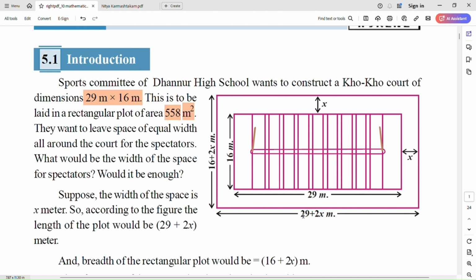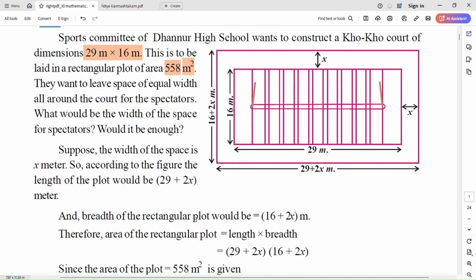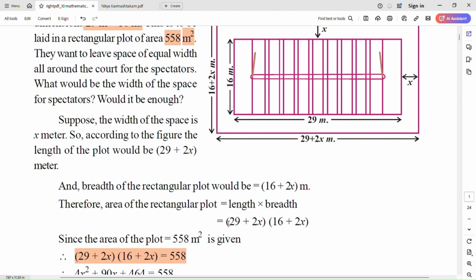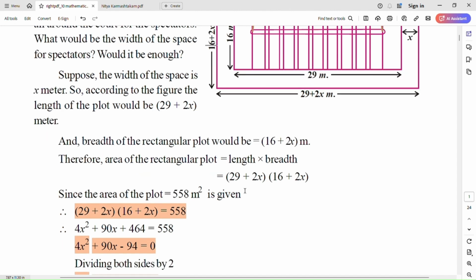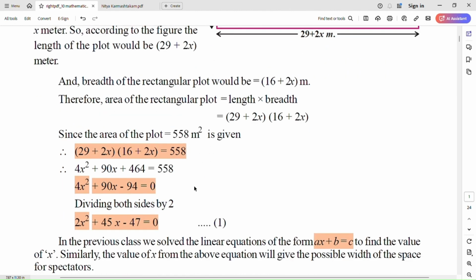So the total area 558 meters square should have a length of 29 plus 2x meters and 16 plus 2x meters, correct? If you multiply these two, that is the area, right? Length and breadth. So the area of the rectangular plot would be (29 plus 2x) into (16 plus 2x), which is equal to 558. So this is the equation that we derived.